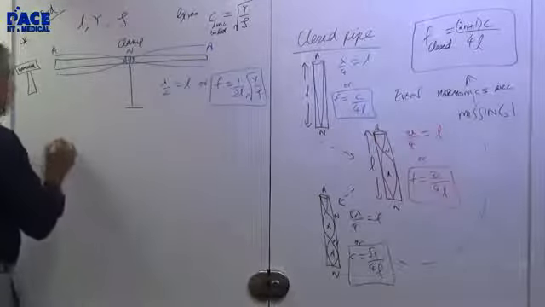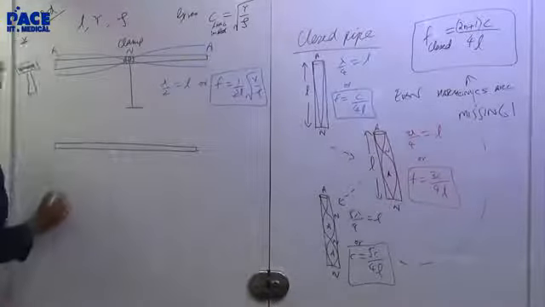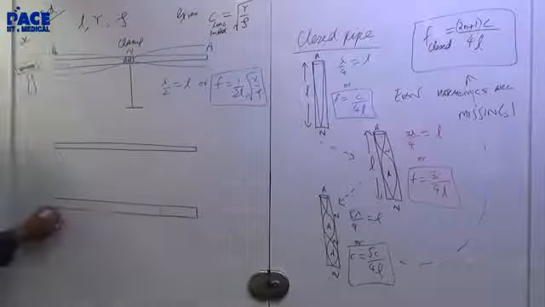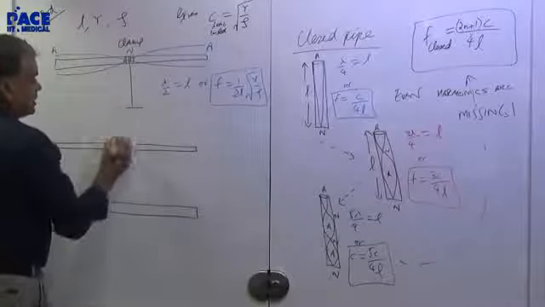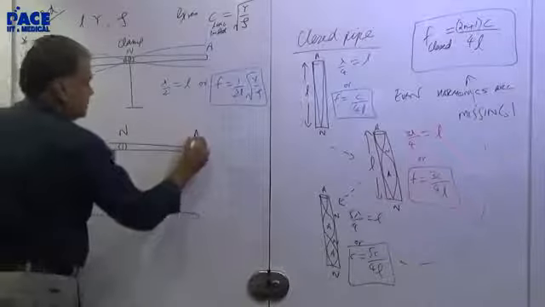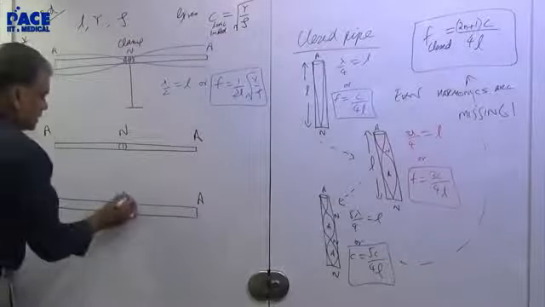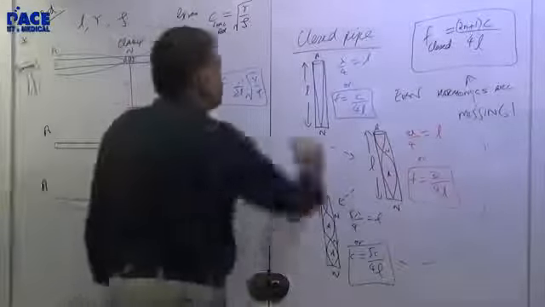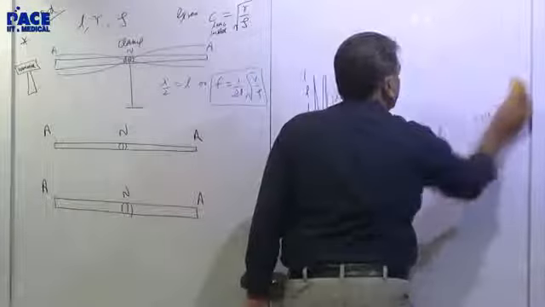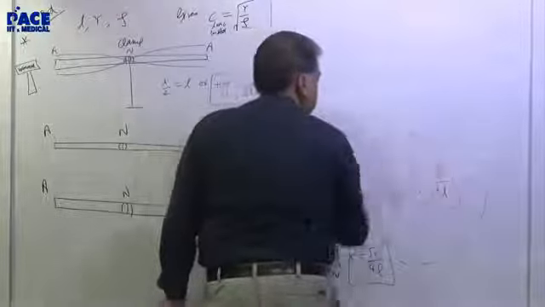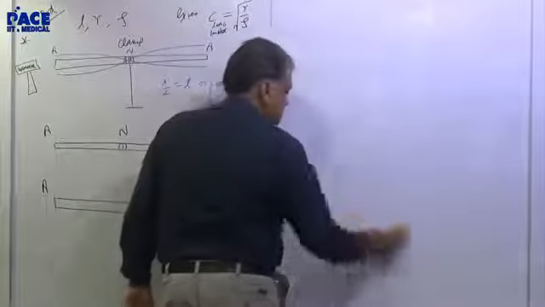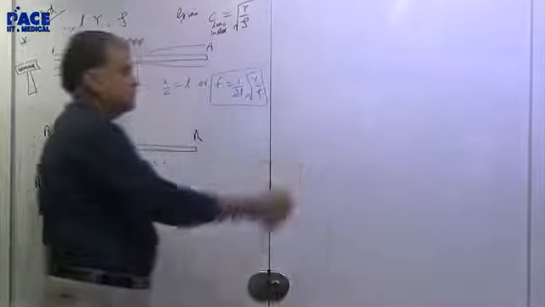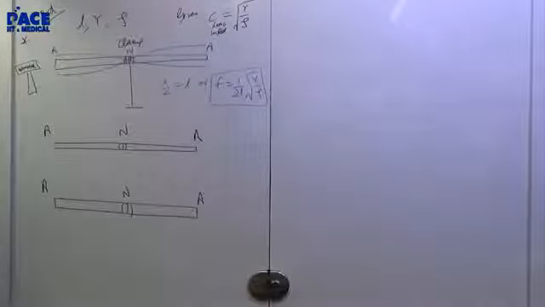What will be the next mode of vibration, and the next mode of vibration? Just draw these two and see the pattern. I'm not drawing the whole thing again. This will be a node and this will be antinode and antinode. These are fixed. So what is the general frequency in this case? How many nodes can I add here?